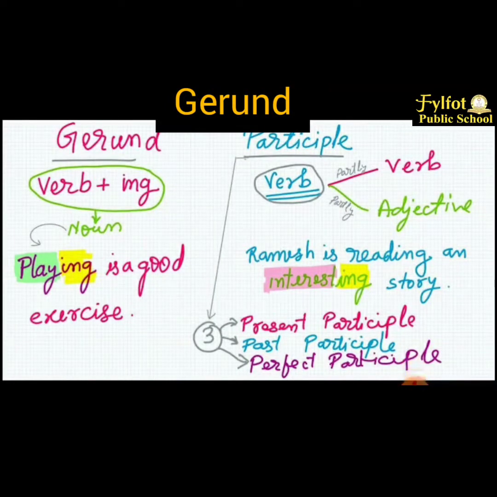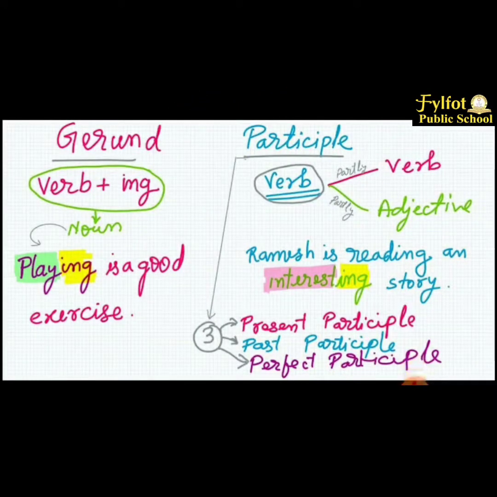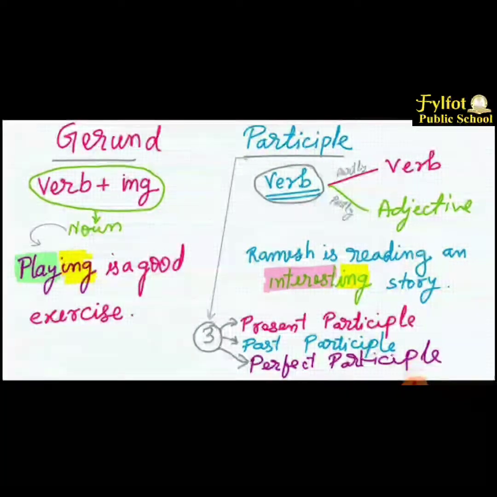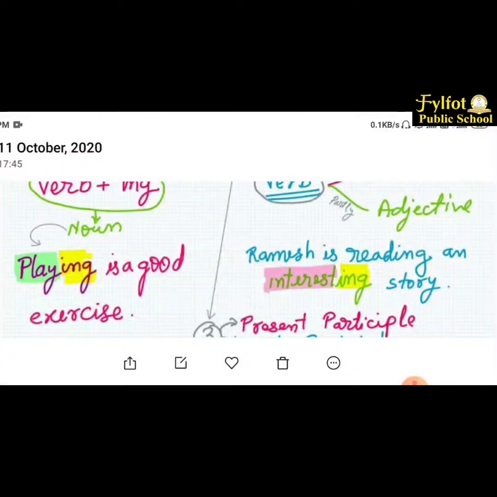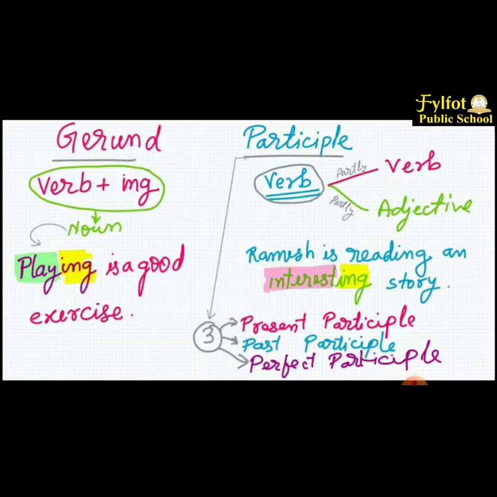In case of participle, the verb acts as partly a verb or partly an adjective. For example, Ram is reading an interesting story. So here in interesting, you are still adding ing to the verb, but it is not used as a noun, so it is a participle.